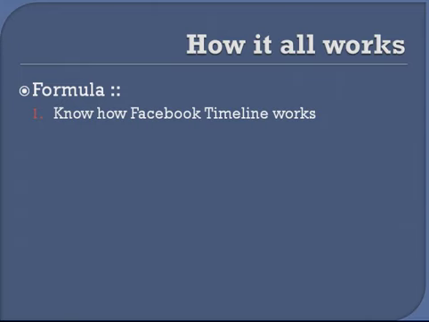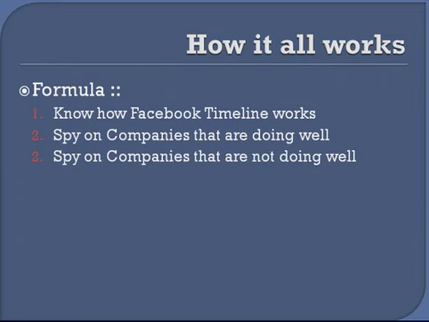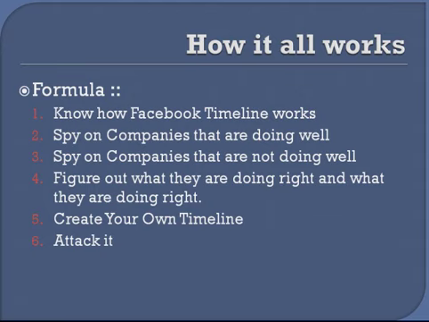Once you know how Facebook Timeline works, you can spy on companies that are doing well, spy on companies that are not doing well, so you figure out what they're doing right and what they're not doing right. And you create your own timeline and you attack it. That's pretty much how it is, and that's what we're going to go through in this video series. So in the next video, let's talk about brainstorming so we can gather all the information that we need to create your Facebook timeline.